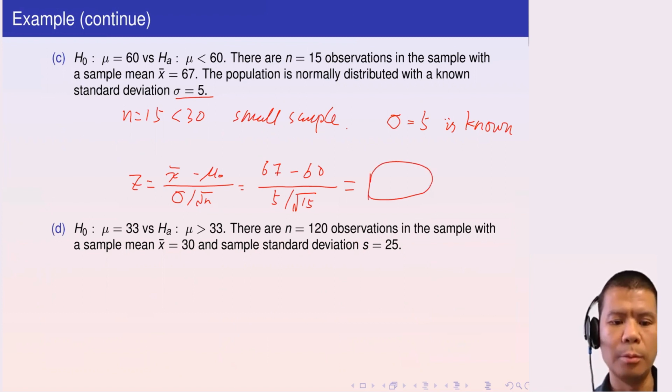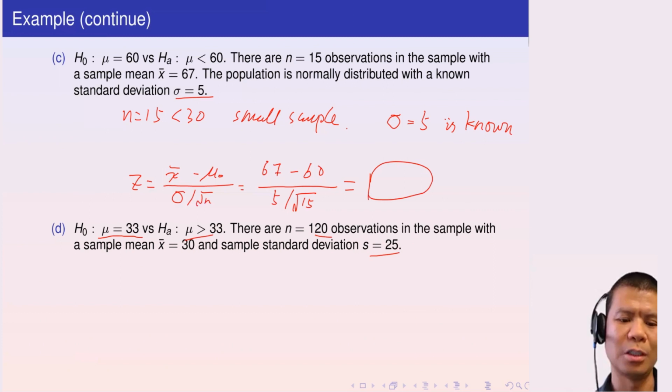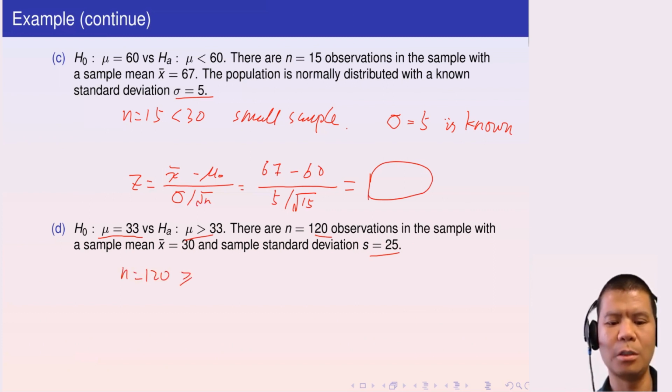D, mu 0 is this, H null, okay, 120, and sample deviation is unknown. So since n equals 120 is greater than or equal to 30, it's a large sample. Okay, and sigma is unknown.